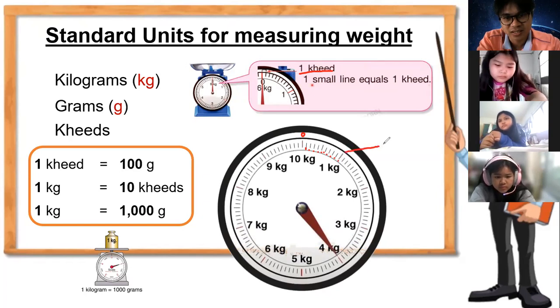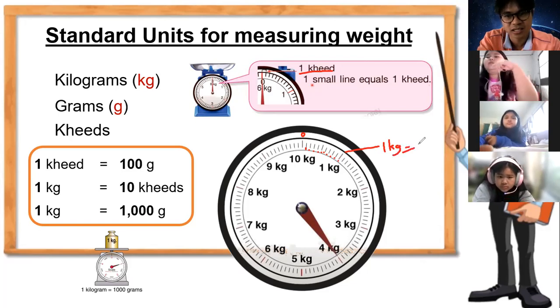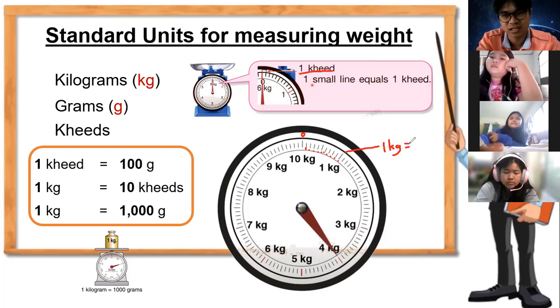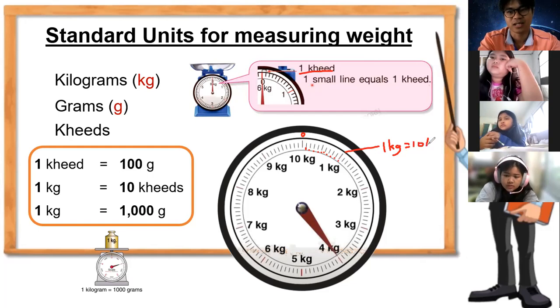So 1 kilogram, how many kids? 10 kids. Like that.